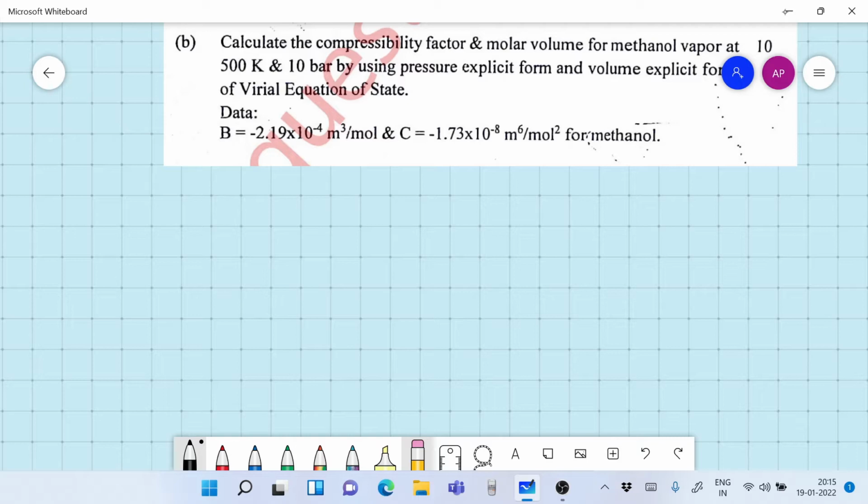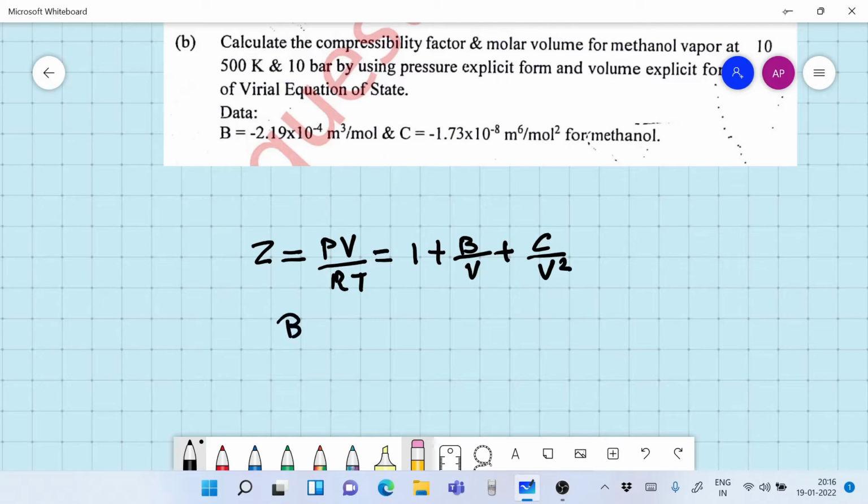The equation is Z is equal to PV by RT is equal to 1 plus B by V plus C by V square. Now it's amply clear that the constants are given for the volume explicit form, right?